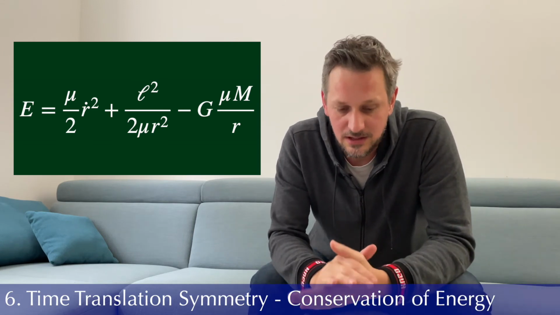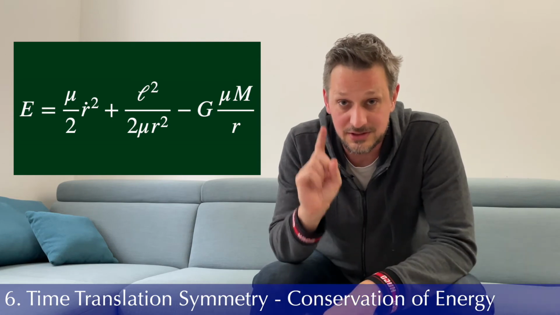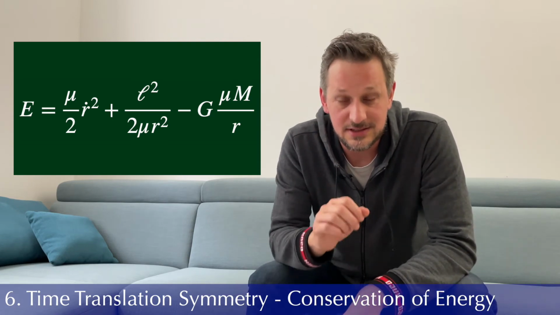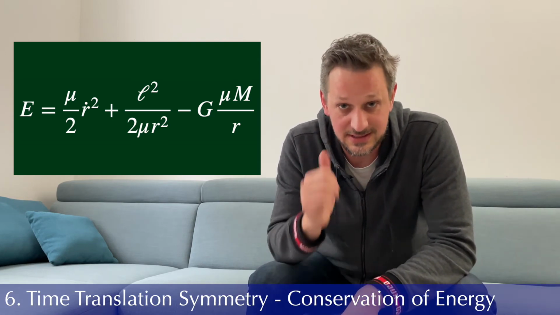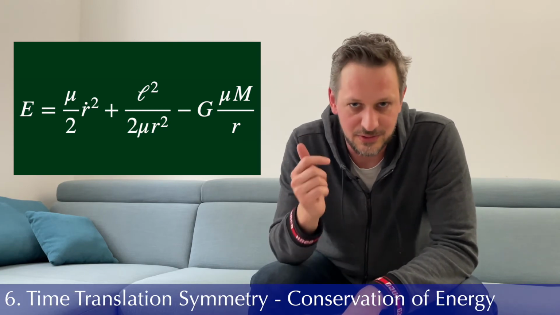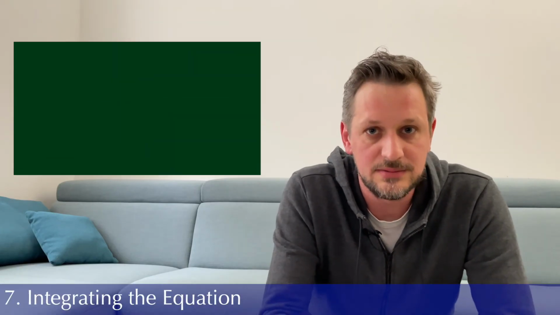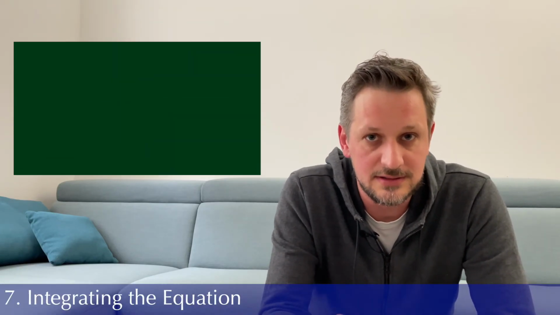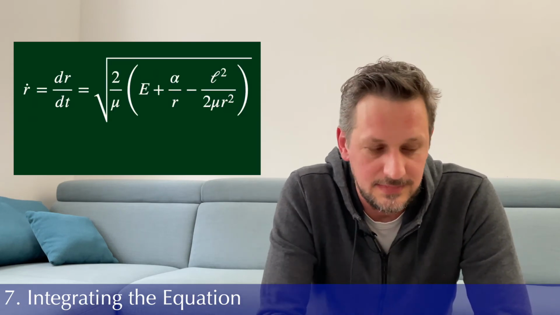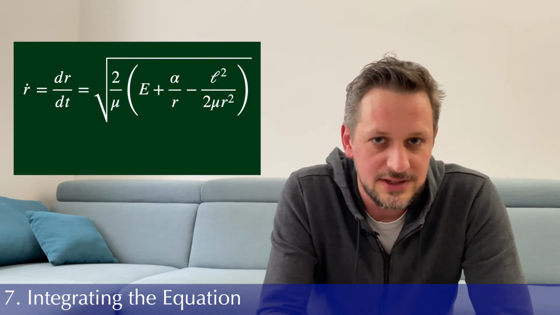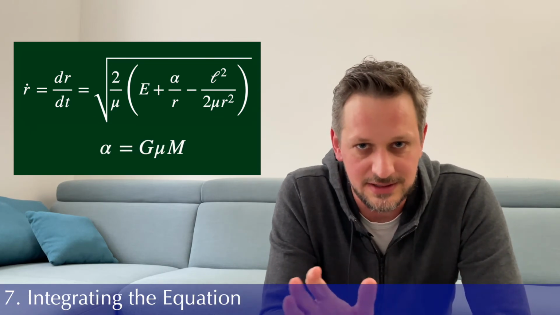Now, we've done a lot of steps, but we've also achieved a lot. This equation is just for a single dimension, for a single variable, and it's only a first-order differential equation. So, great progress. We have just formulated the equation we can solve for r and r dot, and if we rearrange it for r dot, it looks like this, using an abbreviation of alpha for some other constants.